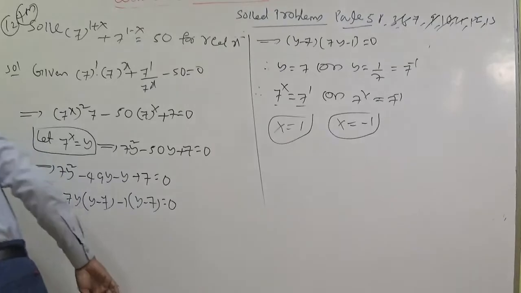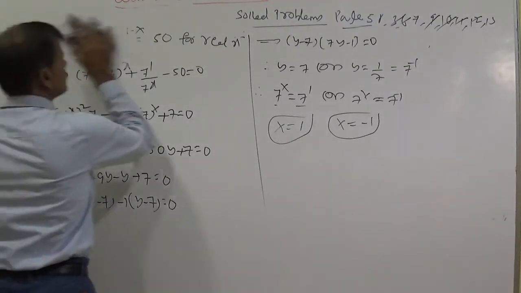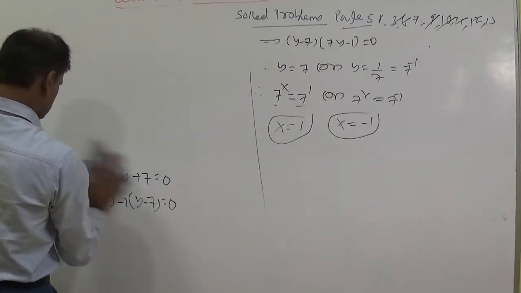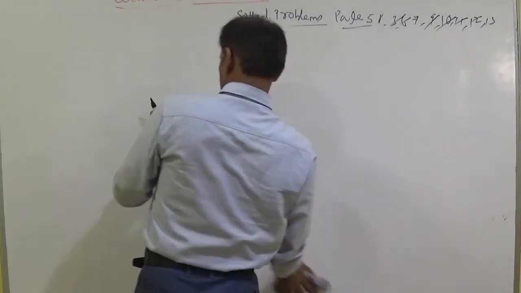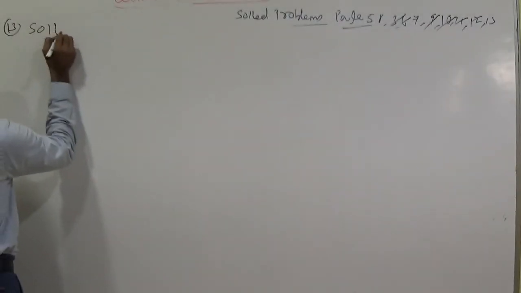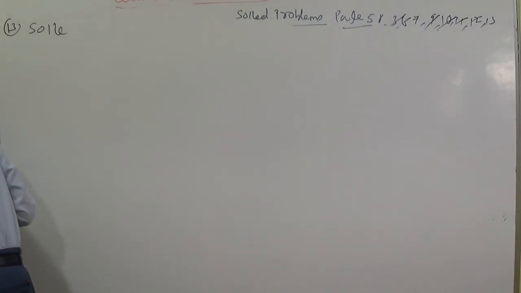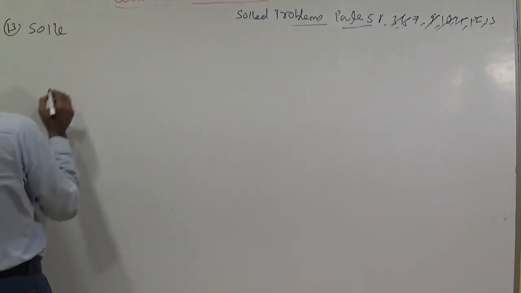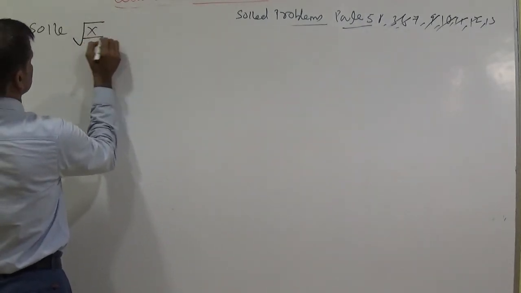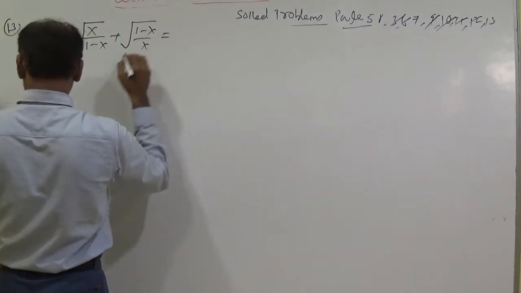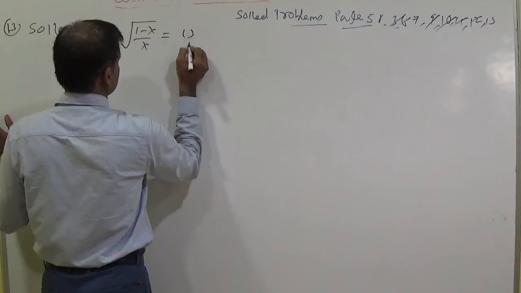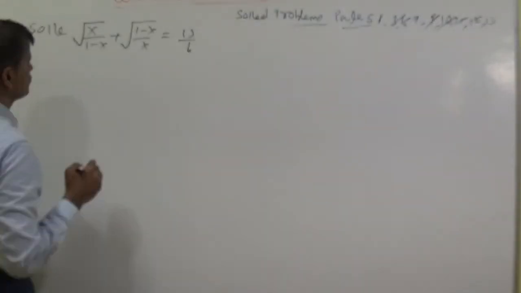Solve root of x by 1 minus x plus root of 1 minus x by x is equal to 13 by 6. This is an old sum.